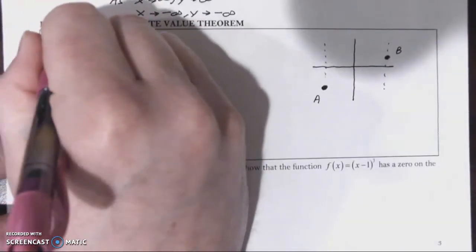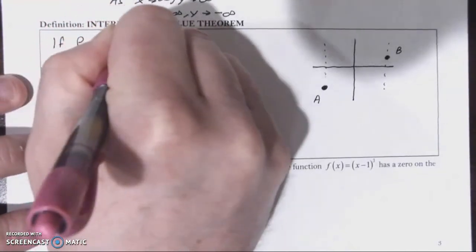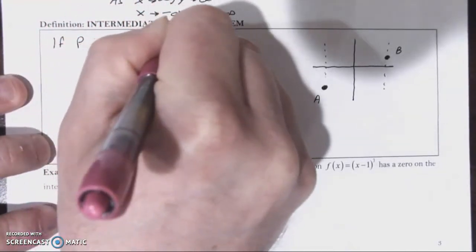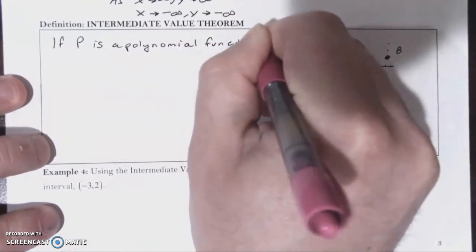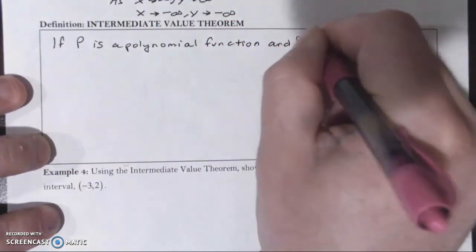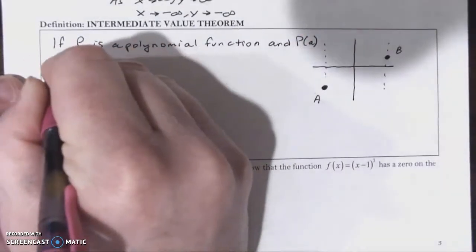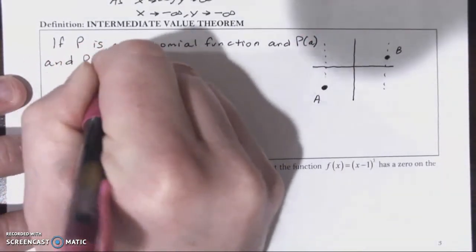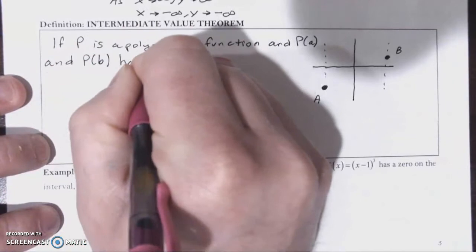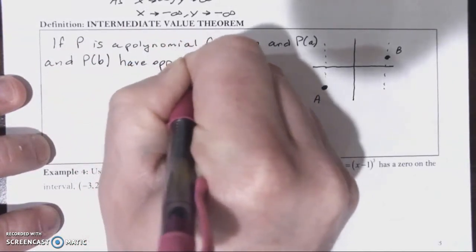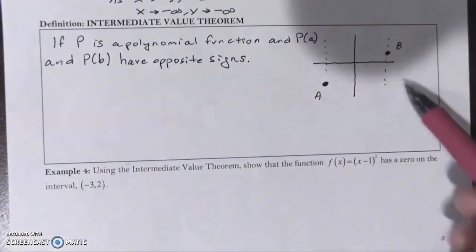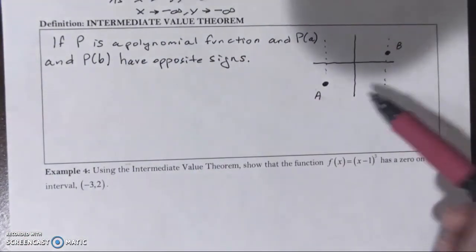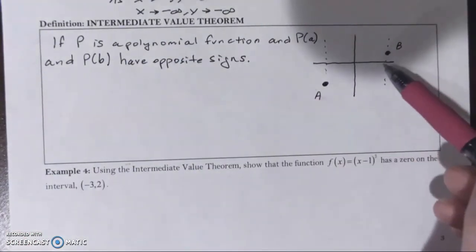If P is a polynomial function, and P of A and P of B have opposite signs, this is exactly what I gave you here. I told you that between A and B was a polynomial function.